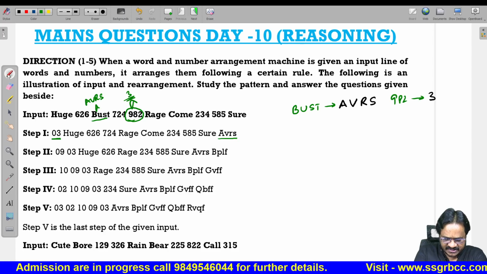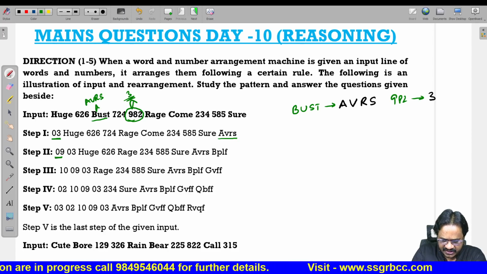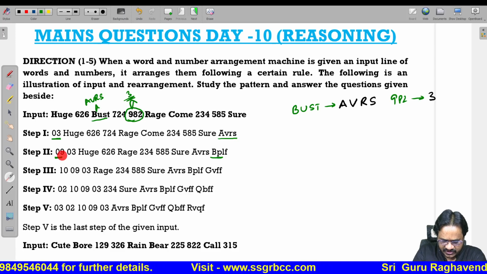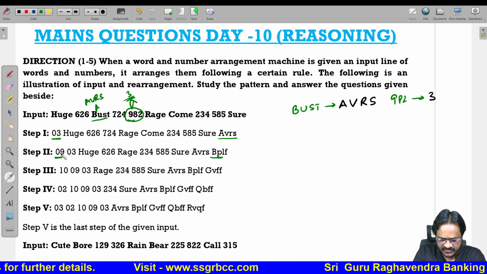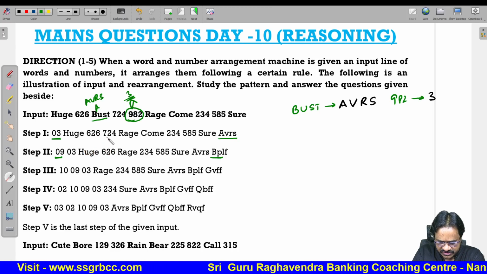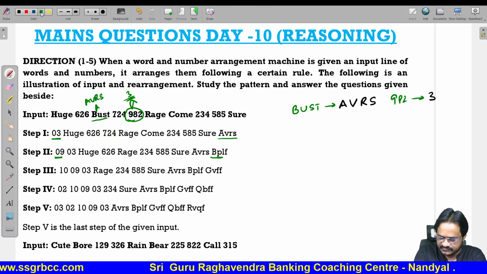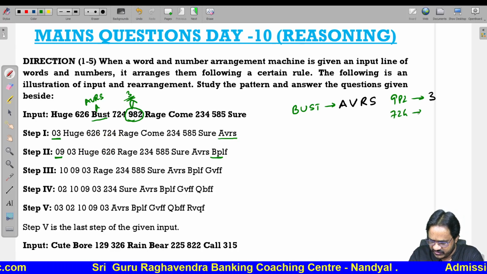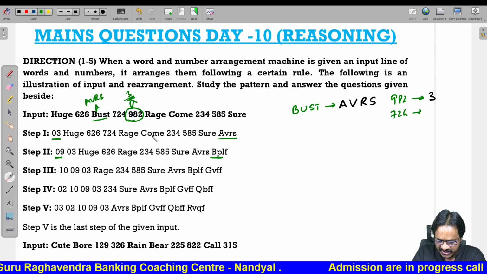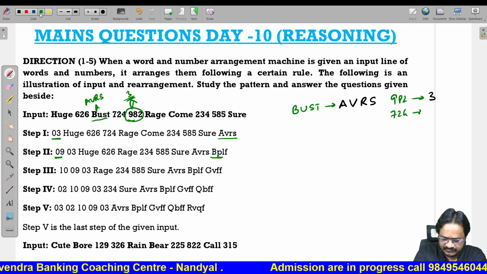Let us take the second step. We are getting 9. We are getting BPLF. Whenever you are writing the second step, you have to compare with the first step. So first 9, next 3, next same, Hughes 626. 724 is missing. Rage, come is missing.